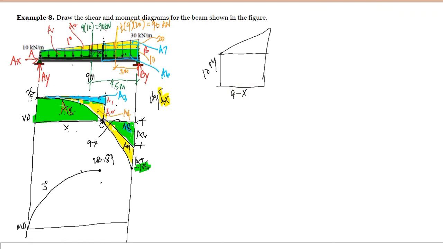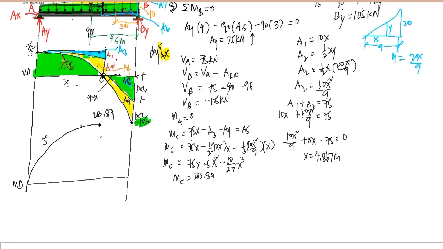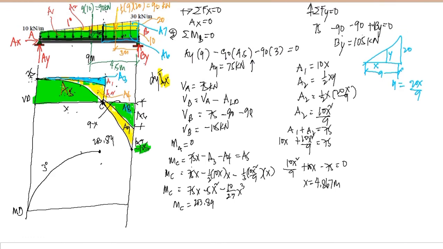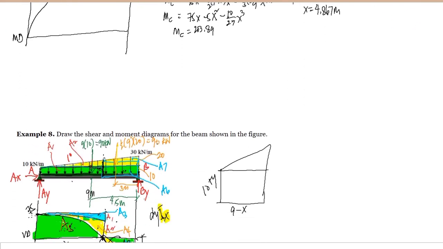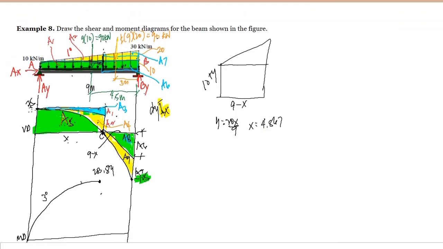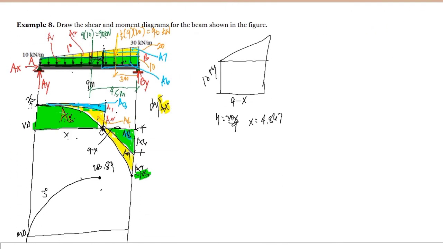So, galing dun sa previous na solution natin, yung y natin dito is equal to 20x over 9, and yung x natin is equal to 4.867. So, computin muna natin itong mga values na to.